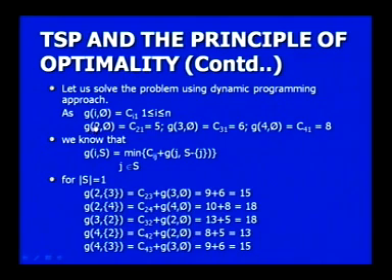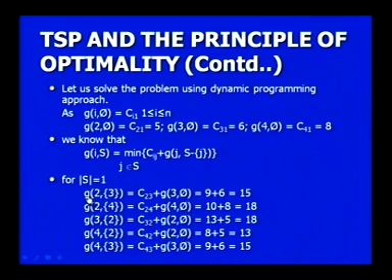So, we are finding g of i comma phi, where phi is the empty set. Therefore, we have seen from the previous matrix that g of 2 comma phi is cost of 2 comma 1, cost of 3 comma 1, cost of 4 comma 1; all the values you can get from your earlier matrix. Now we start with the condition that the number of intermediate nodes is equal to 1.